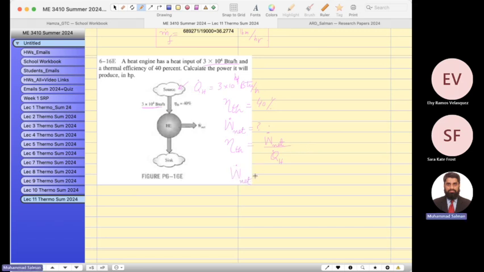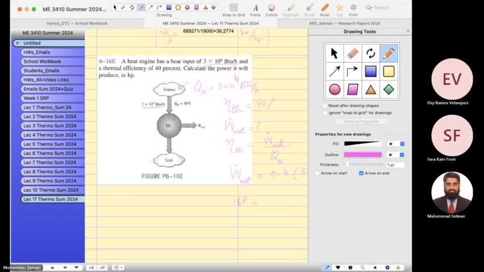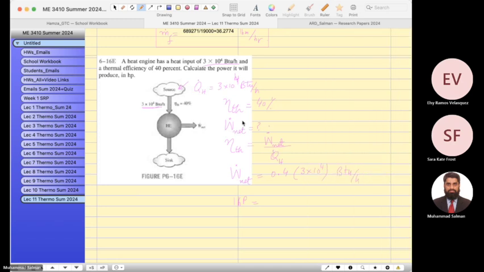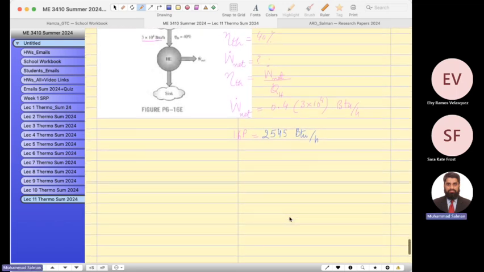So power, net output power equals to 0.4 times Q dot H in BTU per hour. And we know that 1 horsepower. Let me change the color here. So can I go from here?